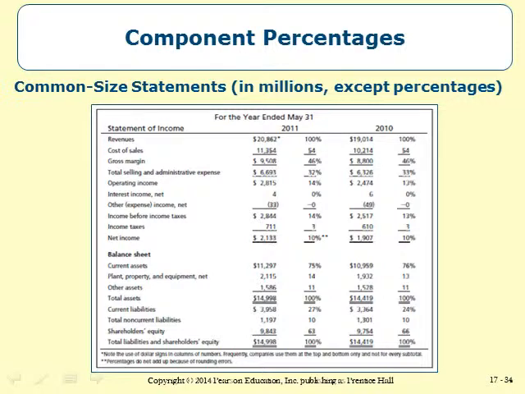And the property, plant, and equipment is $2,115. That's 14%, and so on all the way down the balance sheet. And we do the same for 2010. And so again, we're able to compare year over year based on what we call common size statements. And remember, on the income statement, they're generally common sized according to revenues. On the balance sheet, they're common sized according to assets, generally.